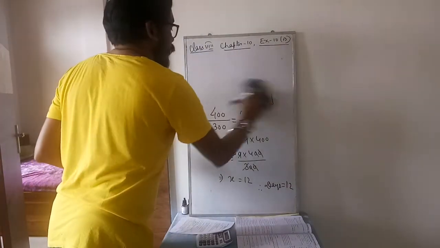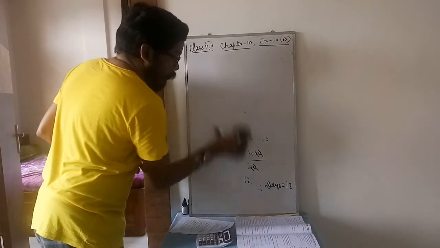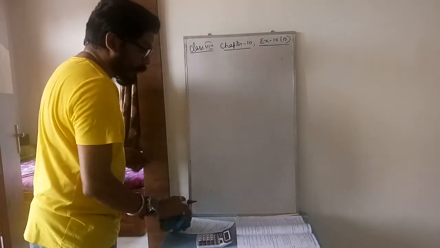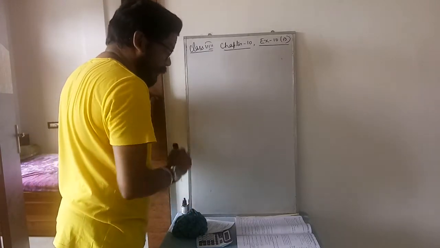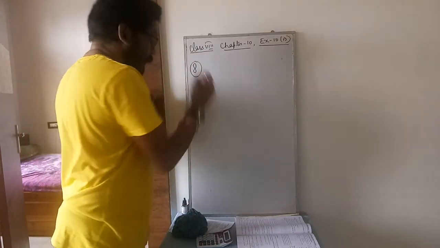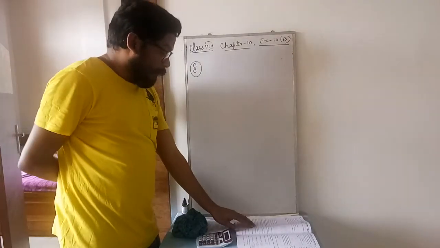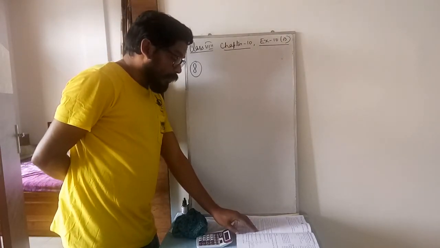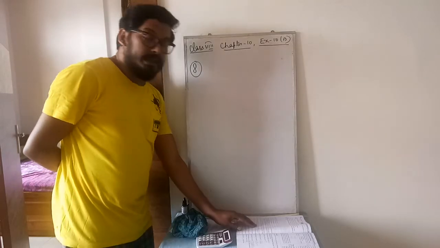Clear? Now question number 8. What did they say? A contractor who had a workforce of 630 persons undertook to complete a portion of a stadium in 14 months.